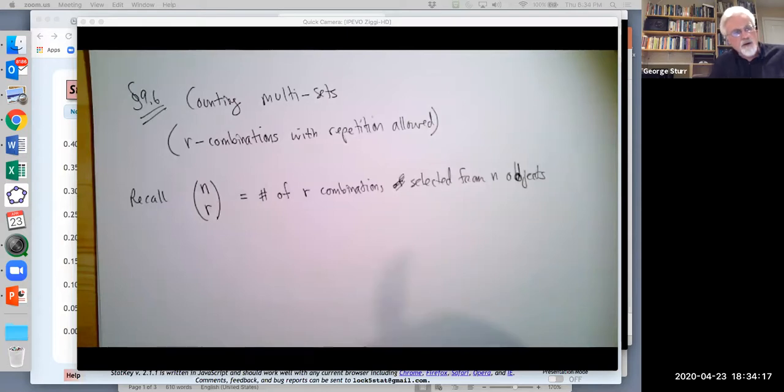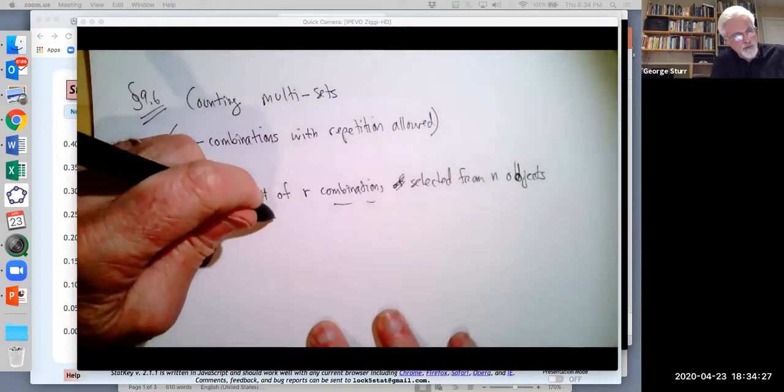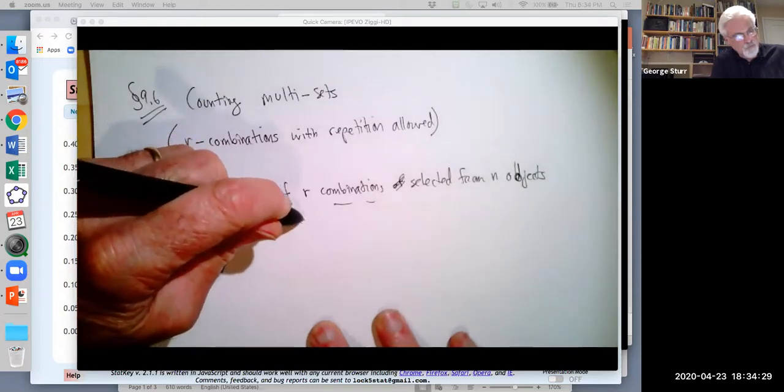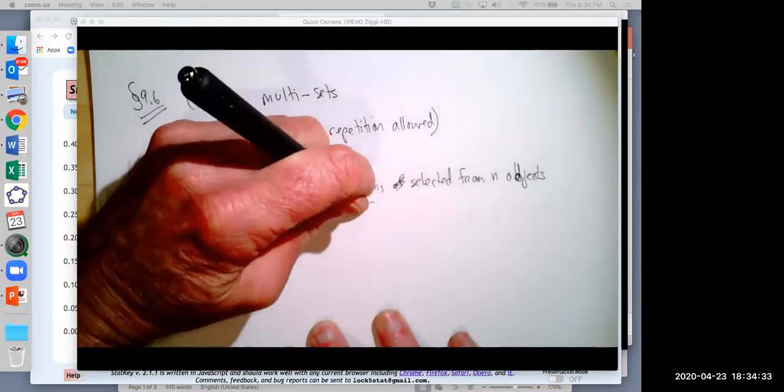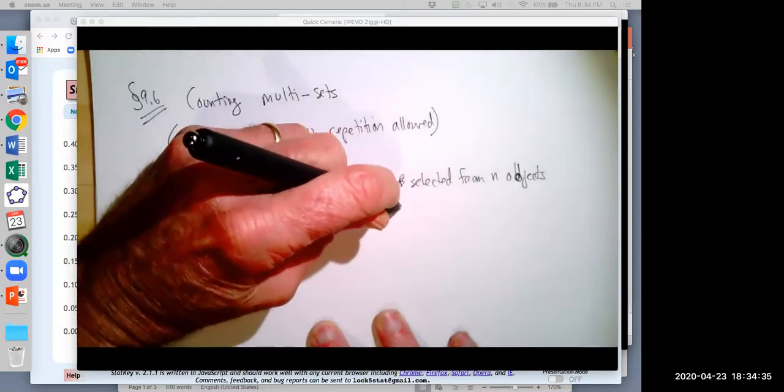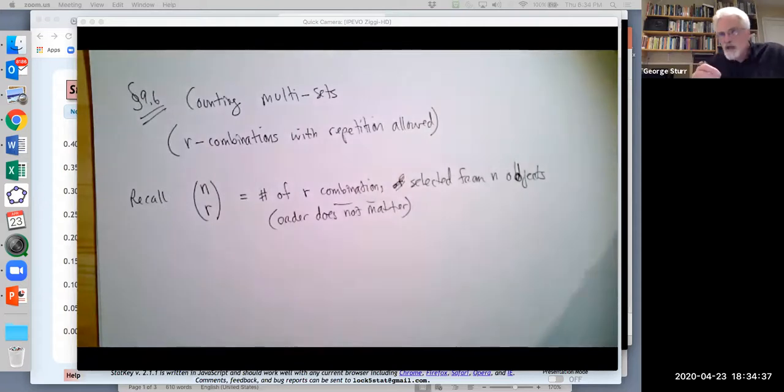Okay, but combinations is including an idea that I would like to make more explicit. Combinations means order doesn't matter. When we use the word permutation, then order does matter.